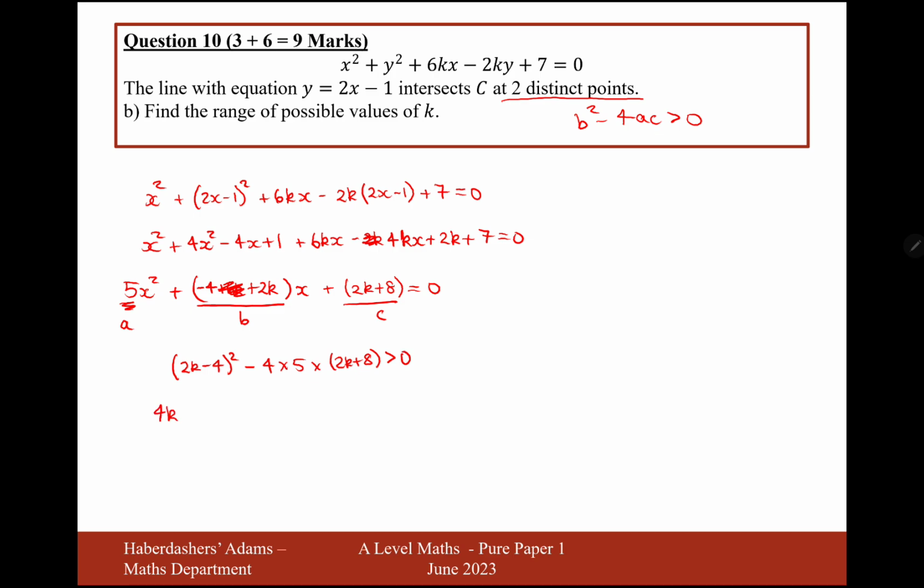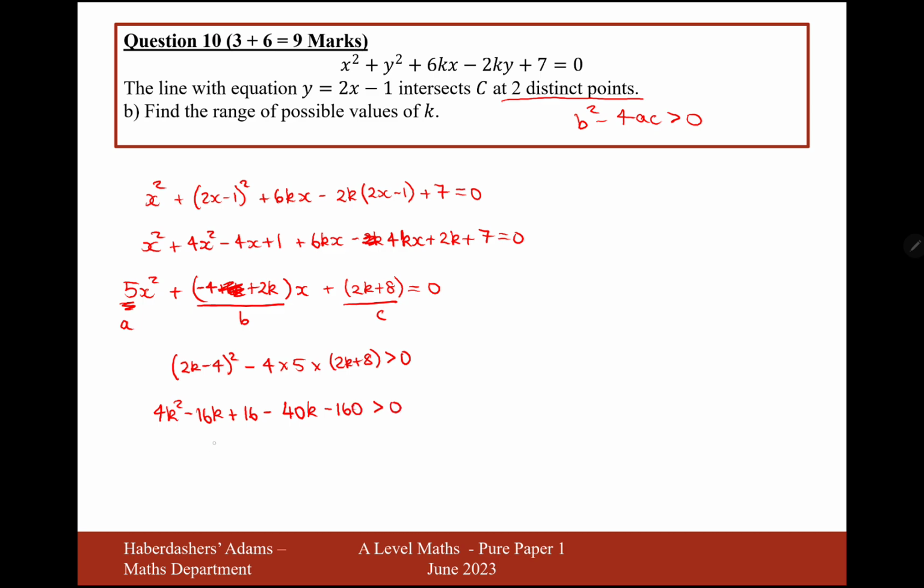We're going to get 4k squared minus 16k, add 16, minus 20 times 2 gives 40, so minus 40k, and then 20 times 8 gives 160, so minus 160 is greater than 0.